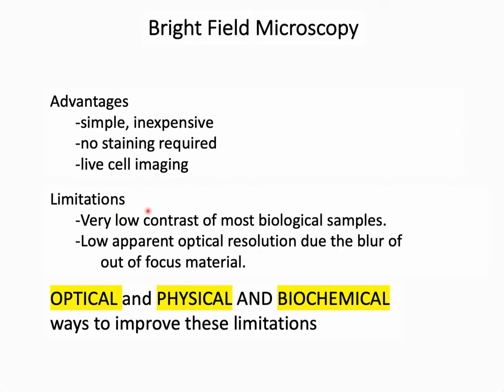But there are some disadvantages or limitations. There is low contrast of most biological samples because most biological samples are composed primarily of water, which makes for low contrast in the specimens.